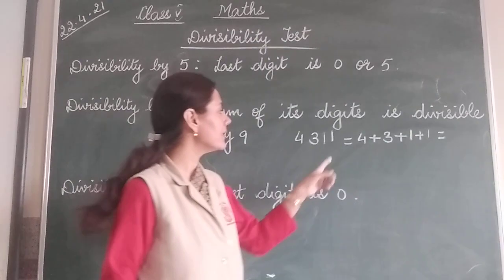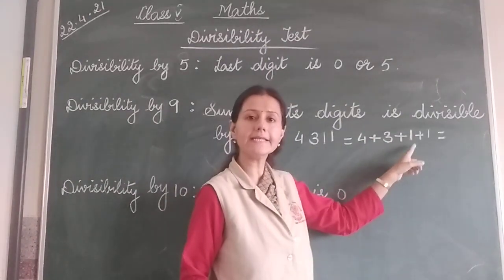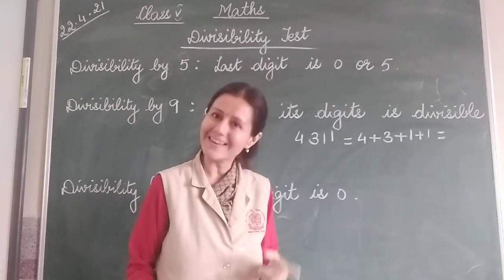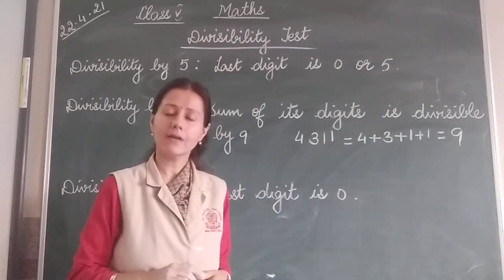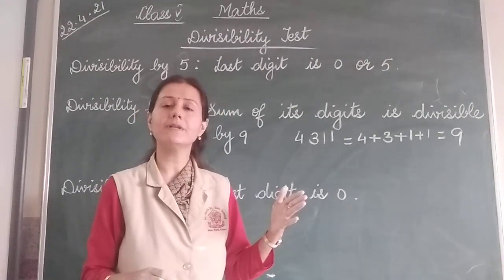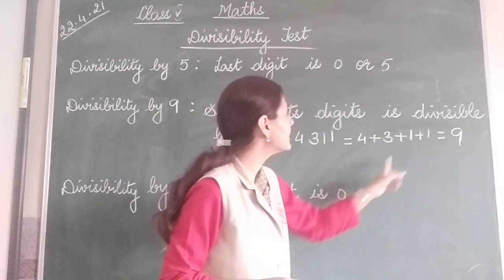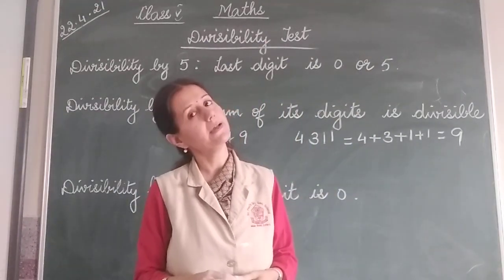What is the sum coming, beta? 4 plus 3 is 7. 7 plus 1 is 8 and 8 plus 1 is 9. Now 9 is divisible by 9. Okay, 9 ones is 9. 9 is divisible by 9. So beta, this number 4311 is divisible by 9.